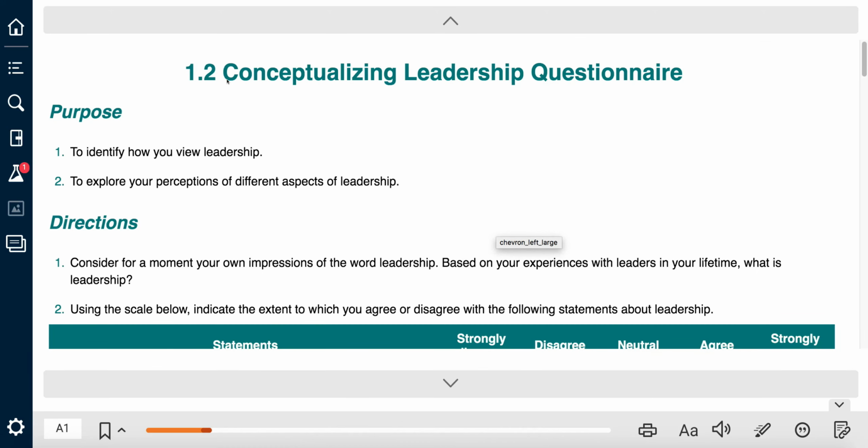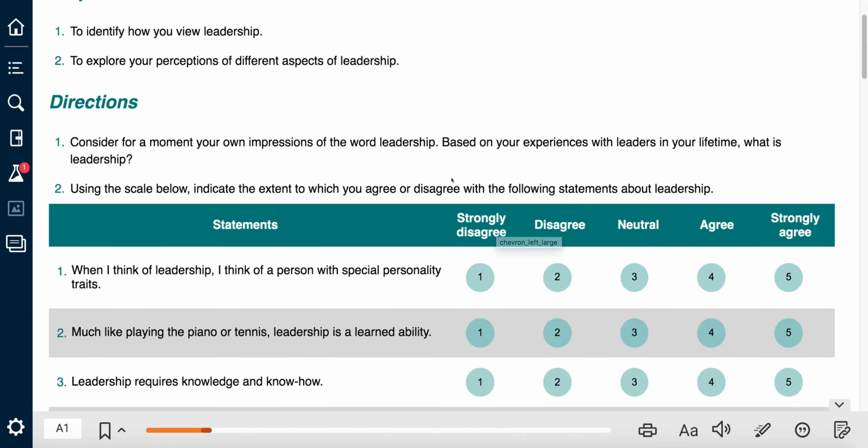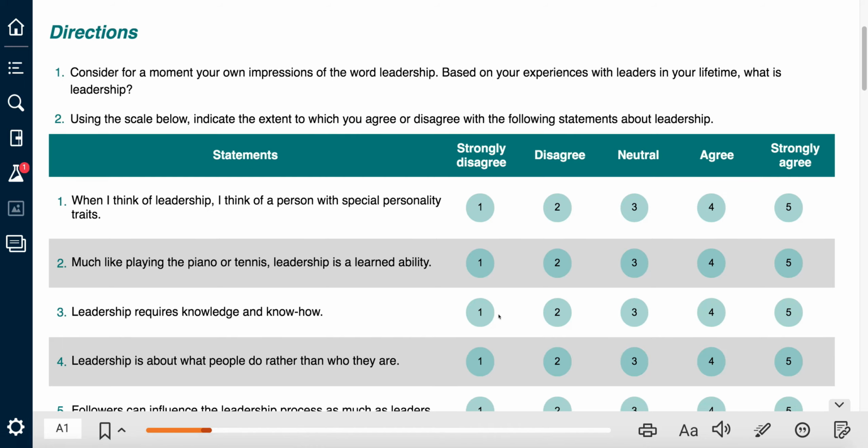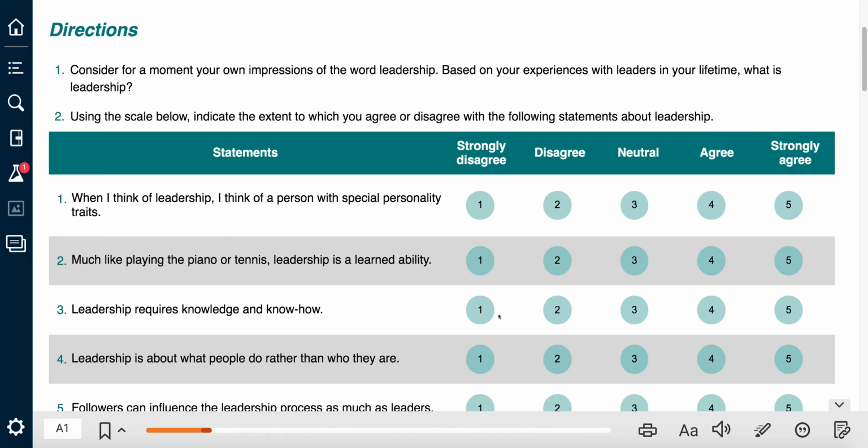Okay, so here is your conceptualizing leadership questionnaire. So this is a questionnaire that you're going to actually go through and take. Okay, so when you're going through the module, be sure that when there's an assignment that you take note of what it is that you have to find in your ebook.